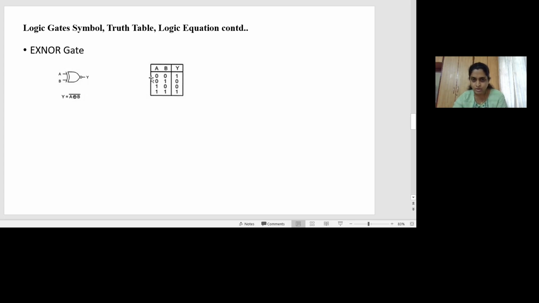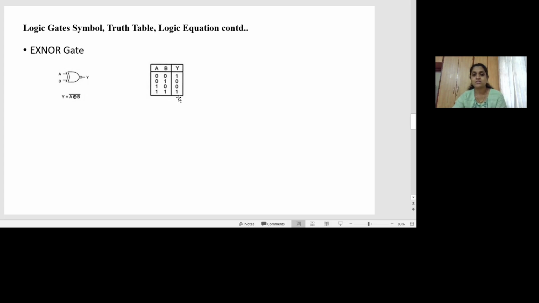Now let's look at the truth table. In the first combination, when both the inputs are 0, A is 0, B is 0, the output is 1. In the second and third combinations, both the inputs have different values. In that case, the output of XNOR is 0. In the last combination, that's the fourth combination, A and B have the same value 1.